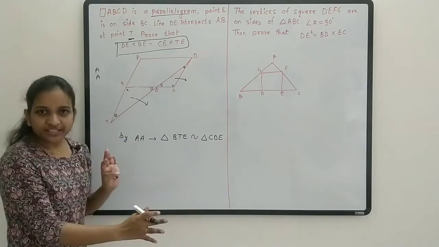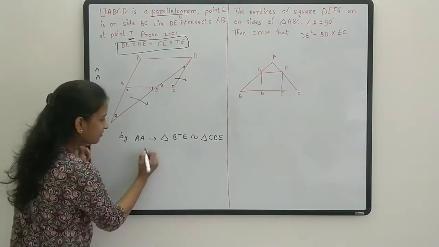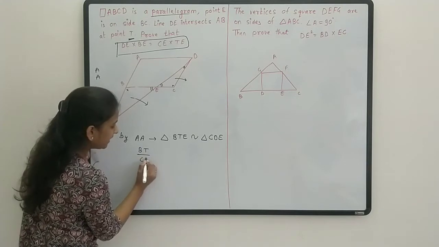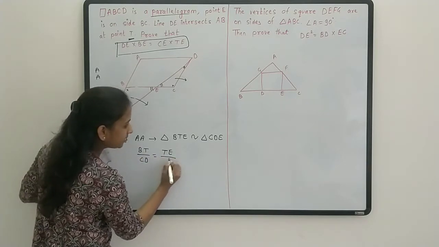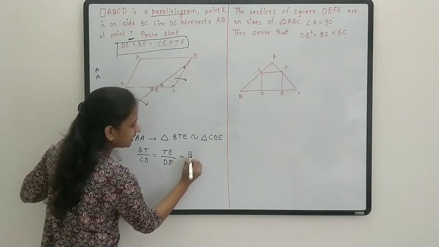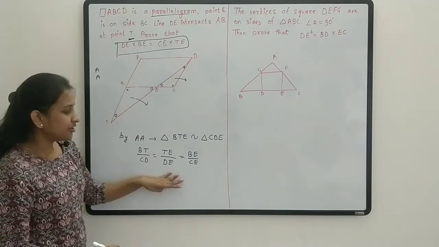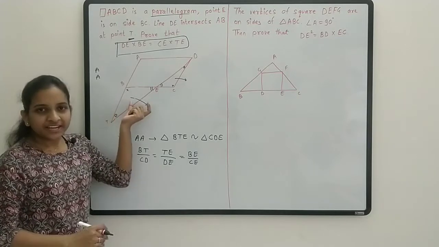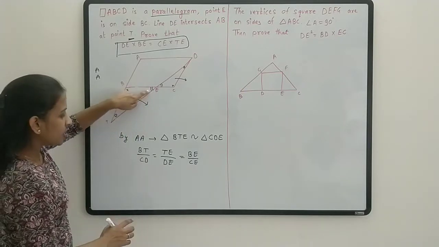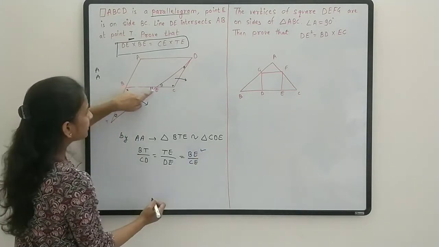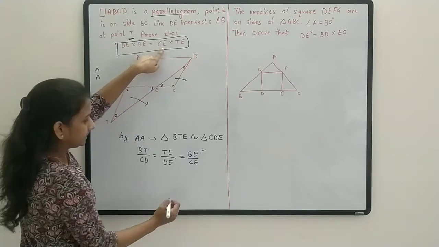So sides of these triangles are in proportion. So we can write BT upon CD is equal to TE upon DE is equal to BE upon CE. Fine. Now out of these, what sides are we interested in? See, BE we want. So BE is here, and we want EC. EC means CE.